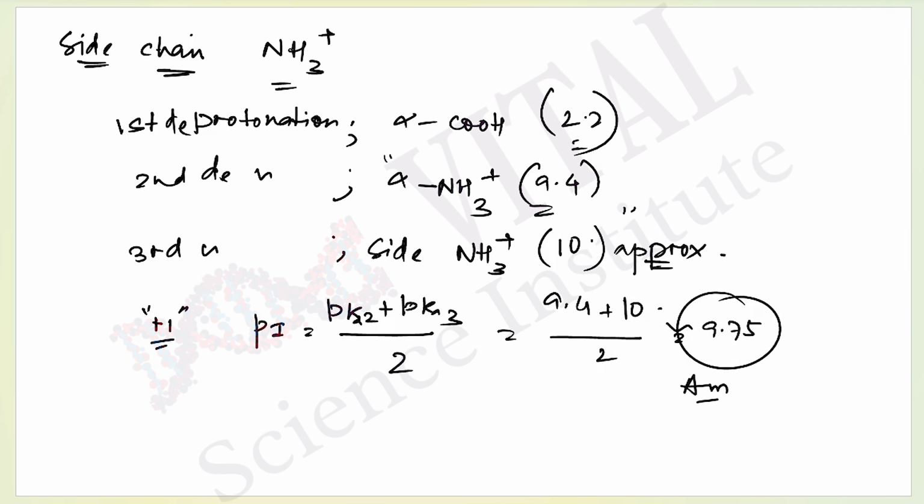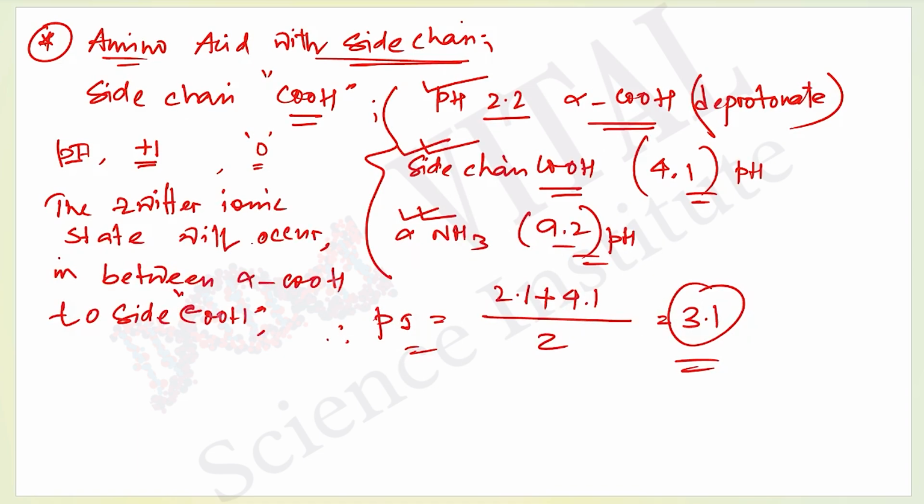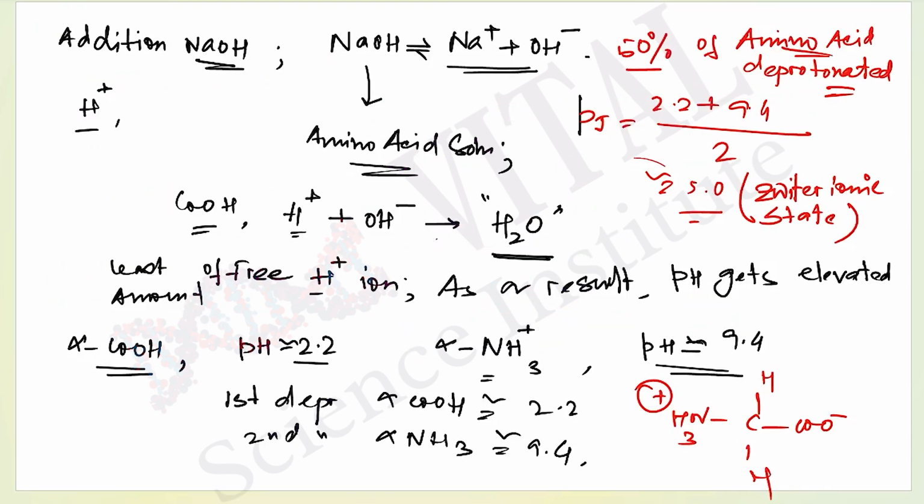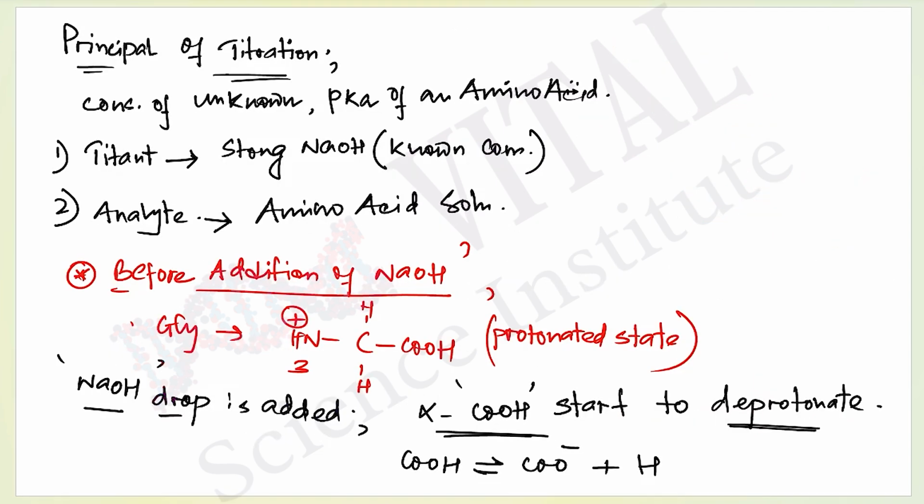So this is how the entire process of calculation is done for pI. And not only that, this is the mechanism where there will be no free H plus within the solution, as the strong base is absorbing the H plus and giving rise to H2O. Hence, there will be no free H plus within the solution, and this finally leads to the rise in pH. I hope you have understood the entire thing in this video.